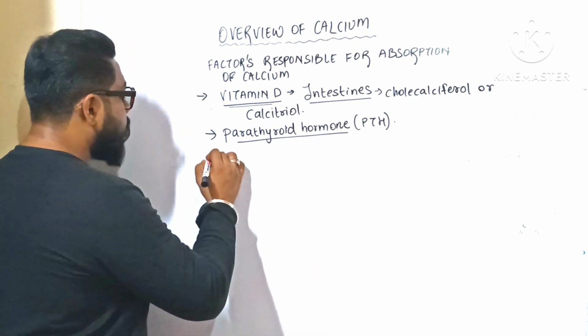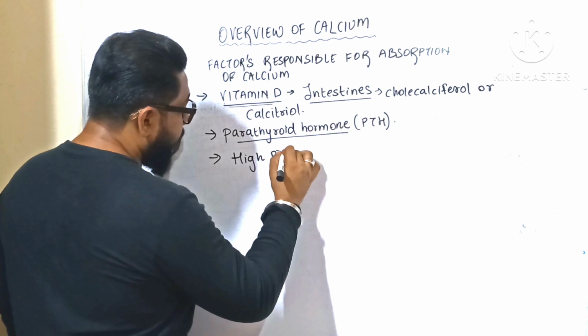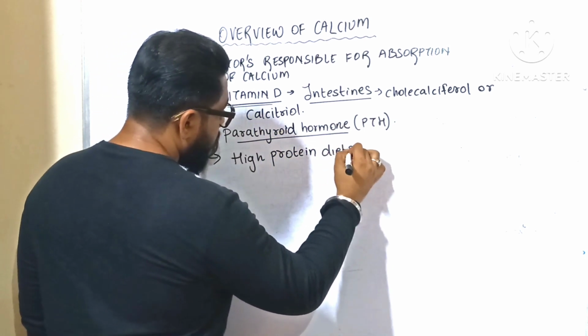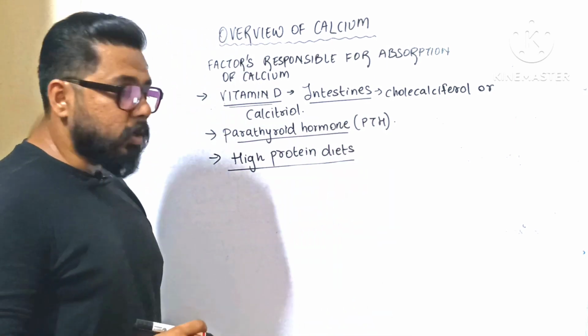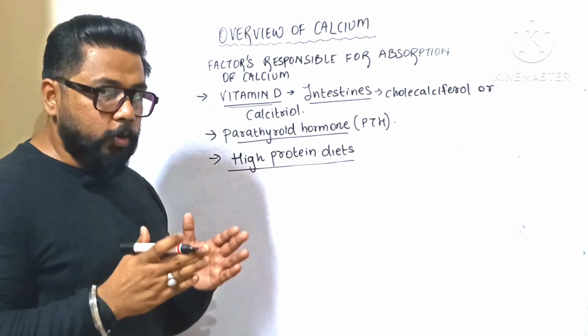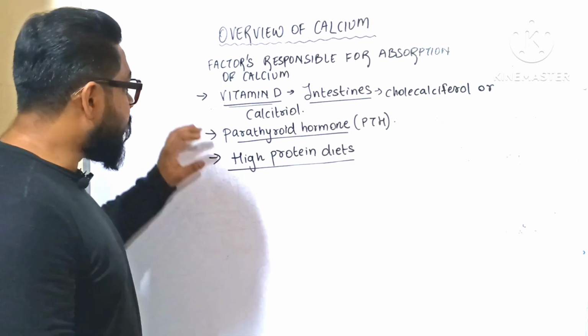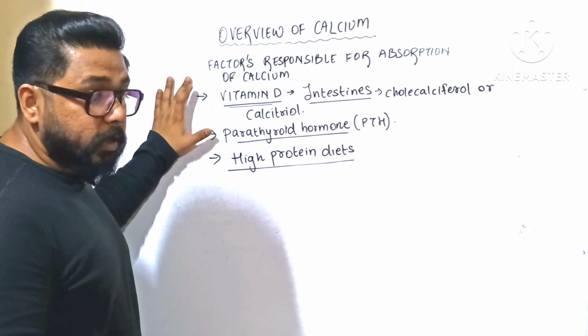Third, which is the third factor? High protein diets. Somebody who is having high protein diets, these kind of diets are going to help you in the absorption of the calcium. So these are the three main factors which will help you in absorption of the calcium.